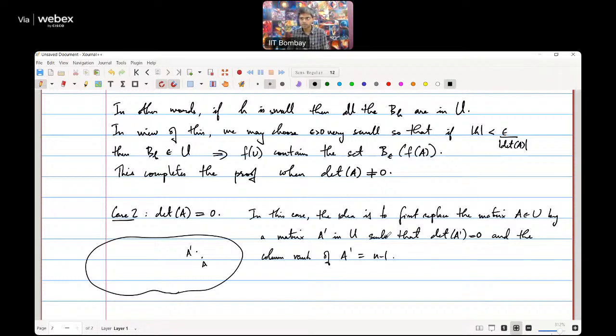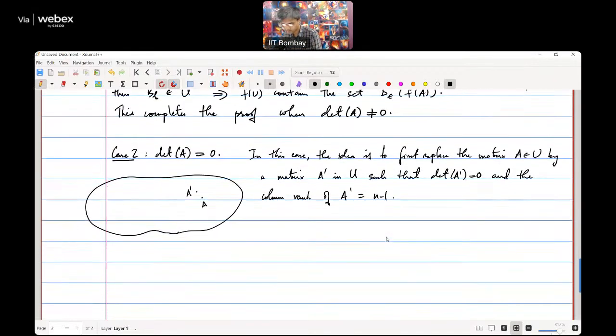Since the determinant is 0, the columns of the matrix A are linearly dependent. So we will find an A prime which is close enough to A, and therefore inside U, such that the column rank of A prime is n minus 1. So let's see how to do this.